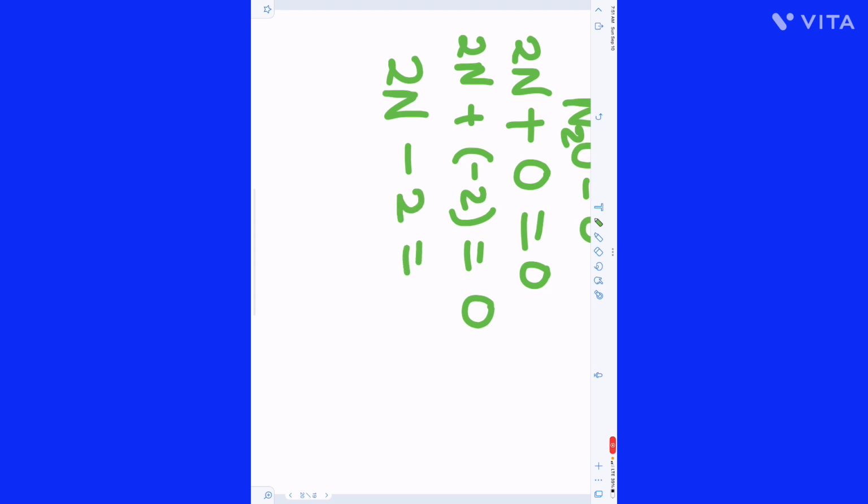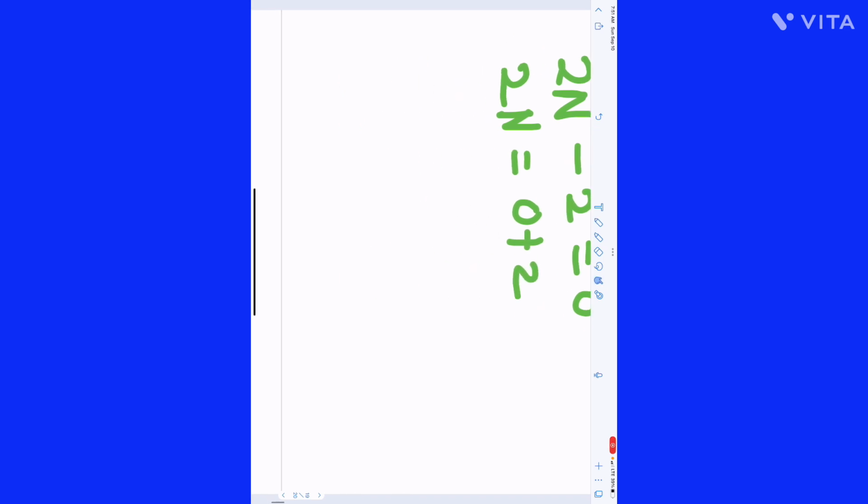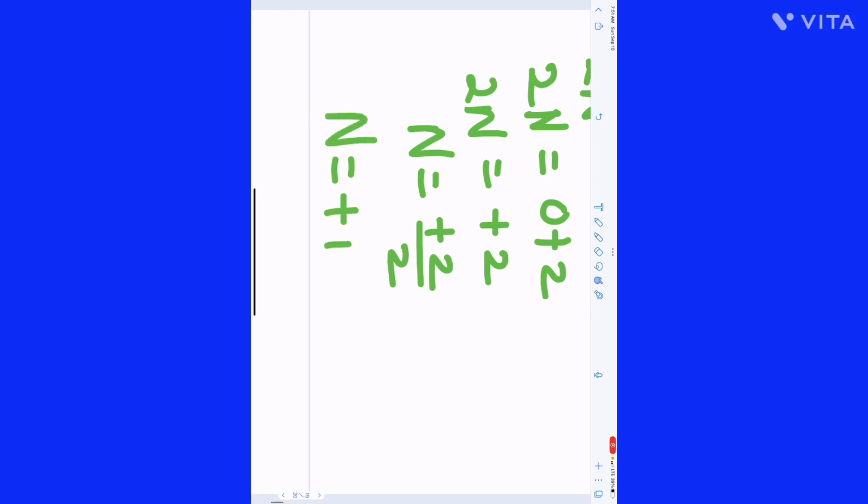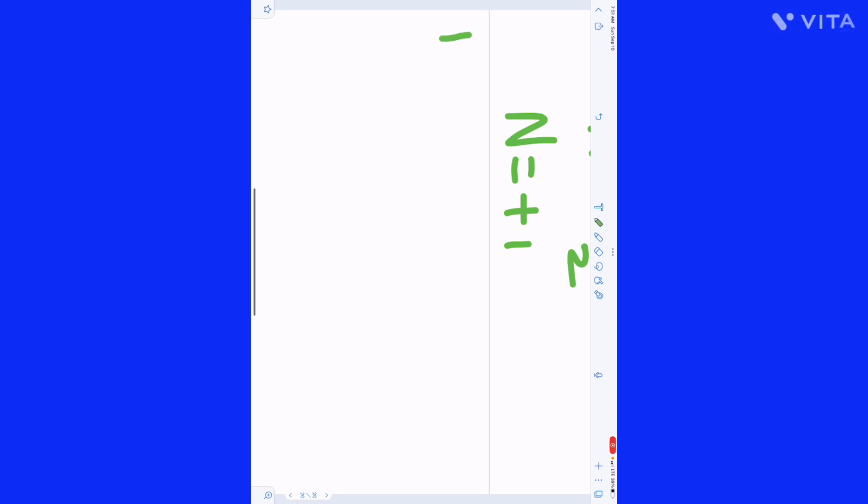2N minus 2 is 0. 2N is 0 plus 2. So 2N is plus 2. N is plus 2 over 2. N is plus 1. So the oxidation number of nitrogen in N2O is plus 1.